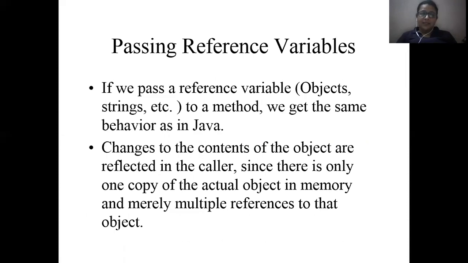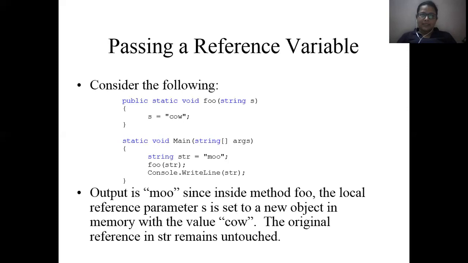If we pass a reference value, such as an object or string, to a method, we get the same behavior as in Java. Changes to the content of the object are reflected in the caller, since there is only one copy of the actual object in memory and merely multiple references to that object. Passing a reference variable.